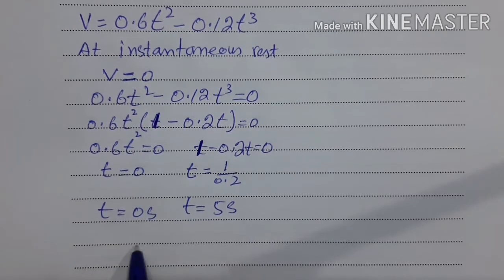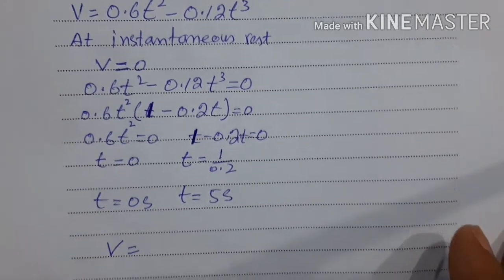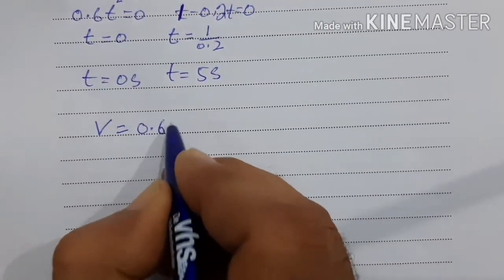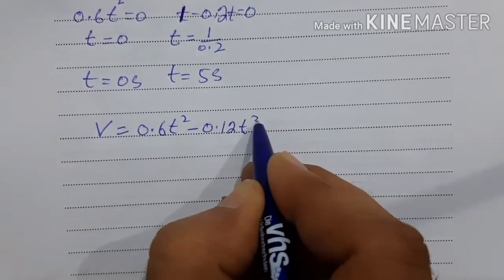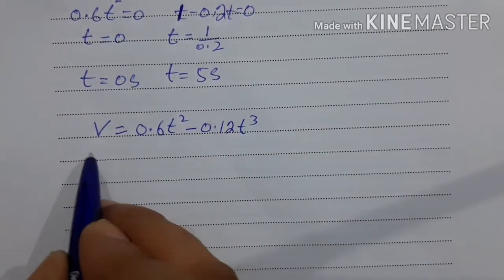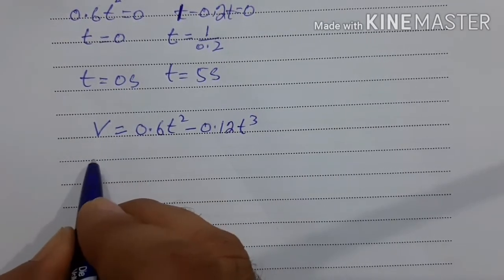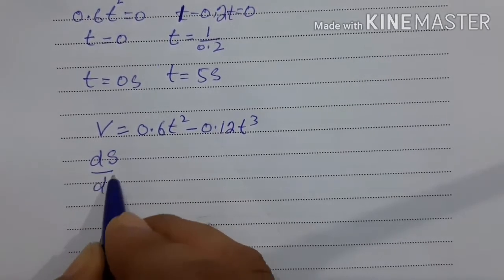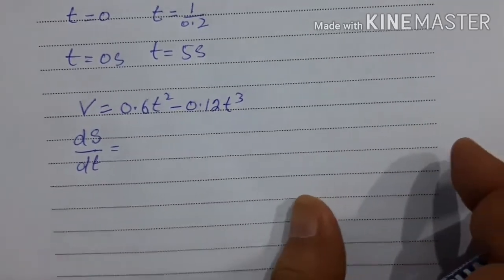Now I'll write the equation of velocity again, which is v is equal to 0.6 t square minus 0.12 t cube. I know that velocity means ds by dt, distance over time.